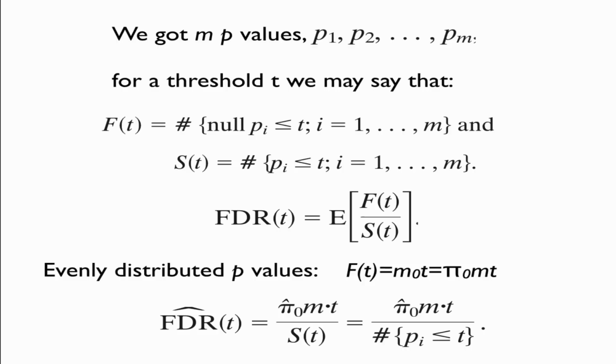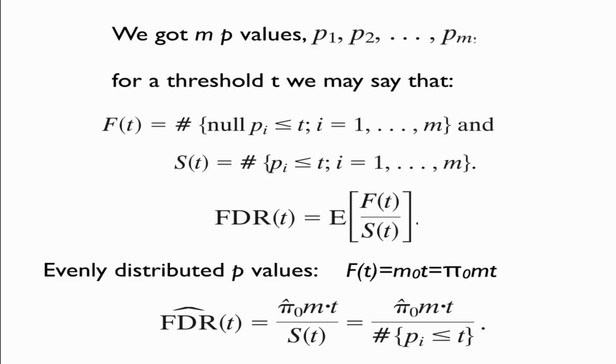So once again, we have m different p-values. Say that we have ordered them from the smallest to the largest one. For any threshold, we can calculate the number of p-values above it; that's just to observe and count the p-values. The false discovery rate is the fraction between the number of null p-values divided by the total number.